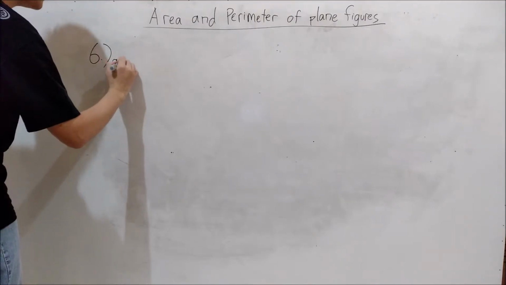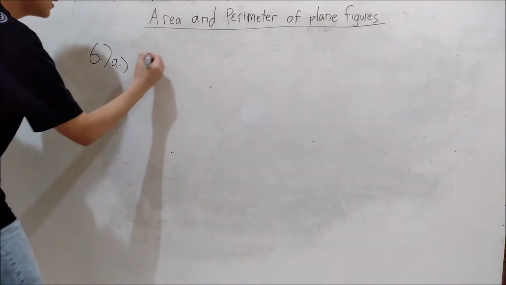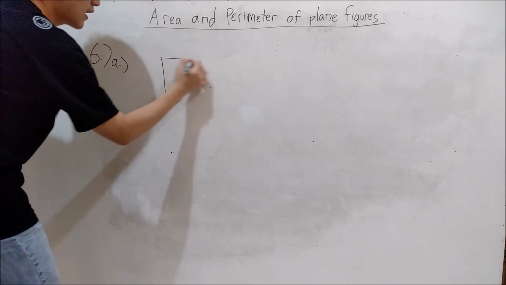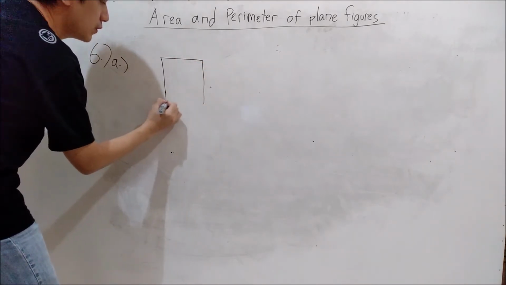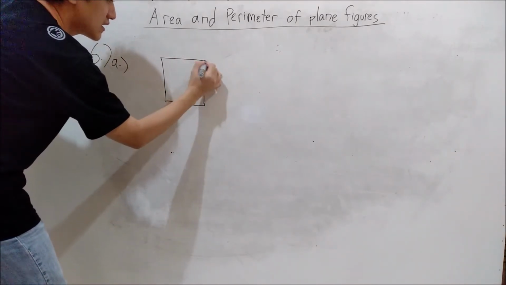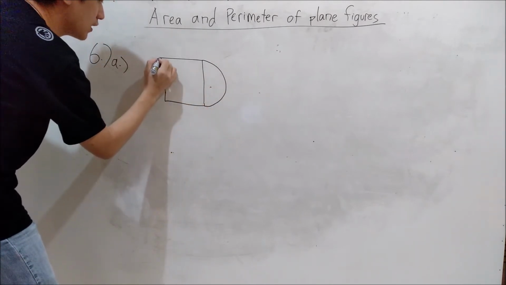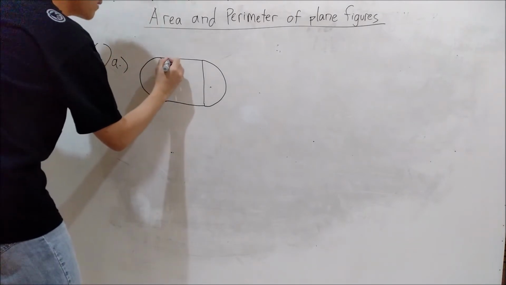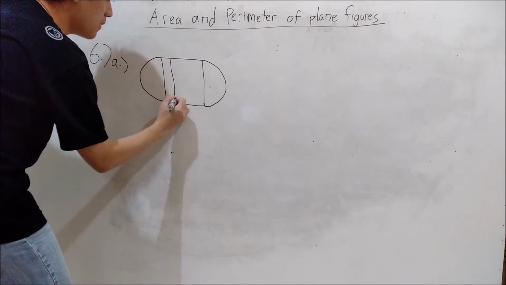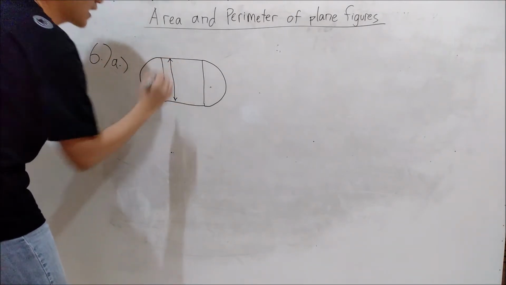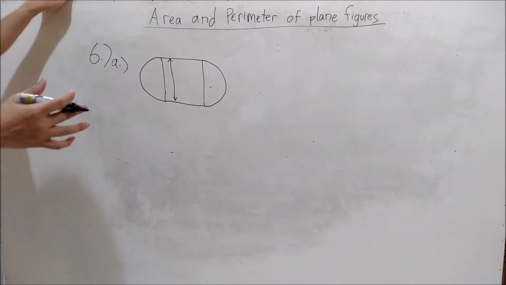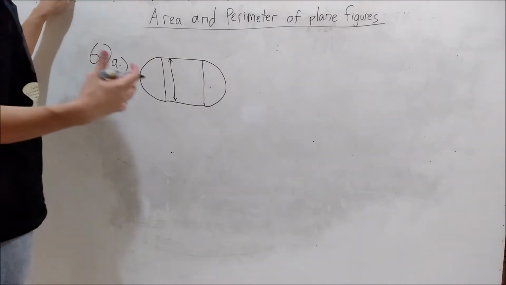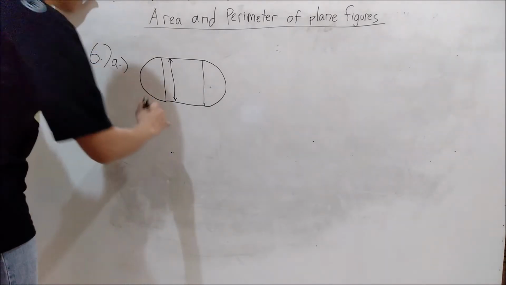Let's start with A. We have a rectangle shape with a semicircle on each side. I know that it seems like a square. However, we may not assume it is a square unless the book gives us some information about it.